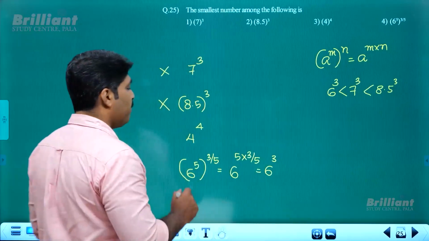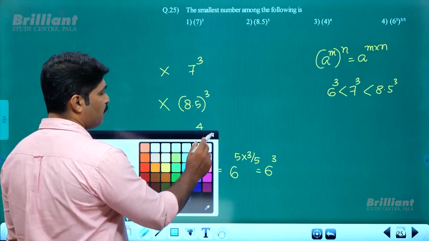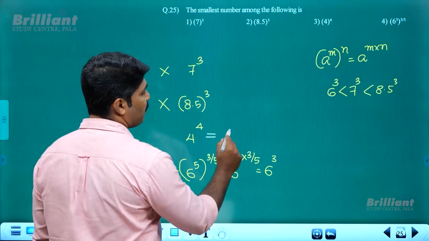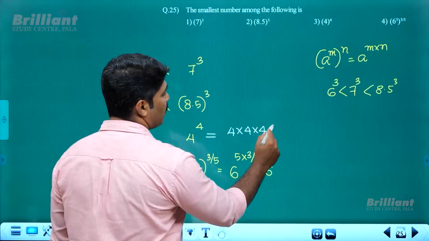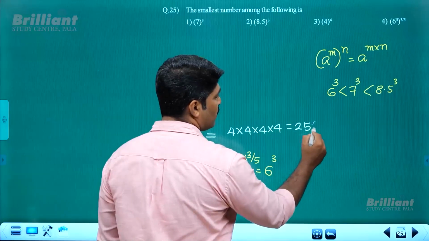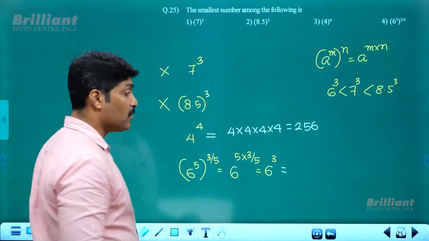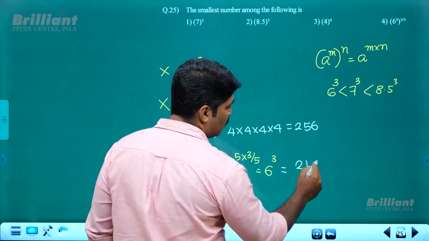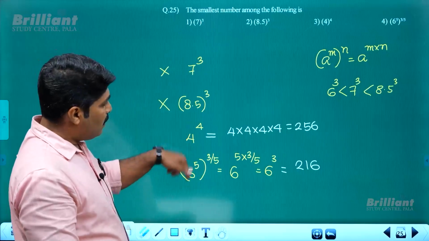Now we have to compare this 4 raised to 4 and 6 cube. So what is the value of 4 raised to 4? That is 4 into 4 into 4 into 4, which is nothing but 256. In a similar way, what is 6 cube? 6 cube is 6 into 6 into 6, that is 216. So consider these two values.